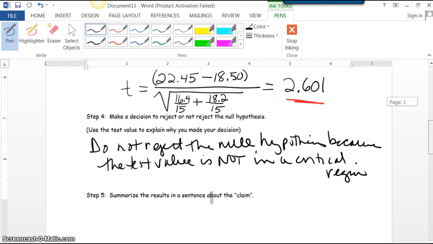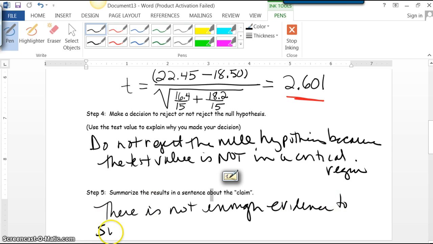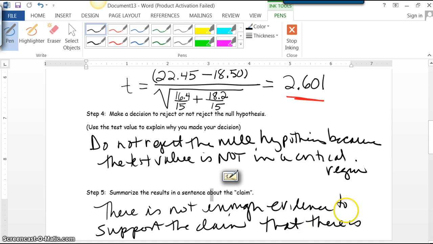So we are not able to support the claim. So we're not able to support the claim that there's a difference in the amount of time that children watch compared to teens.